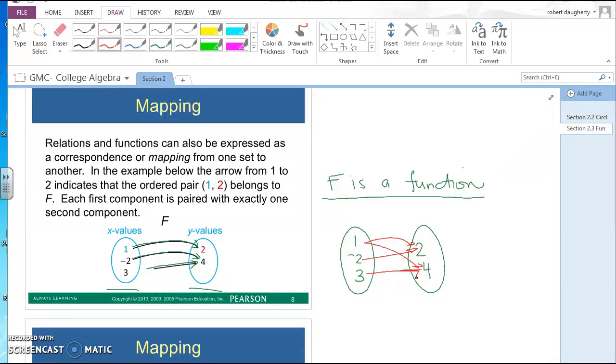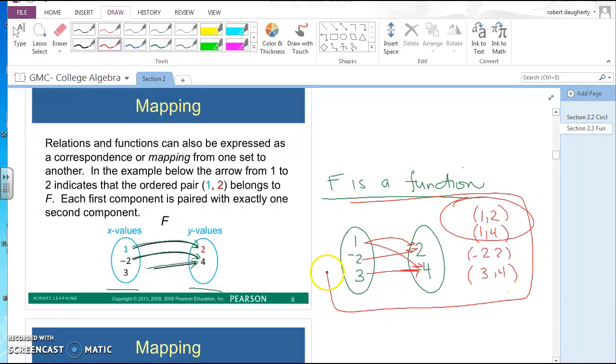If I wrote this as ordered pairs, I would have to have (1, 2), (1, 4), (-2, 2), and (3, 4). That's what this mapping would look like in ordered pairs. And you can see there are repeated x values, or I've got the same x value going to different y values. So in this case, the scenario you see right here is not a function.